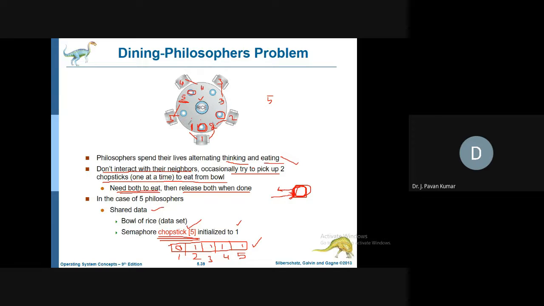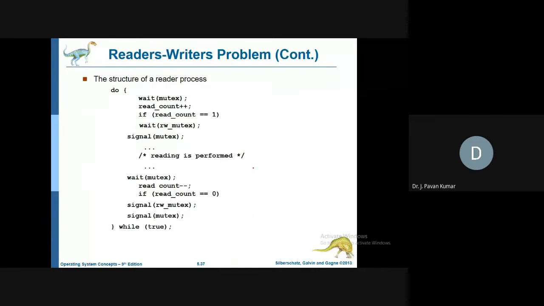By using these semaphores we are able to achieve process synchronization. But there exist several problems even when we use semaphores. Why? Because the procedures we write, like wait of mutex, then signal of mutex, wait of rw mutex, are all written by programmers only.